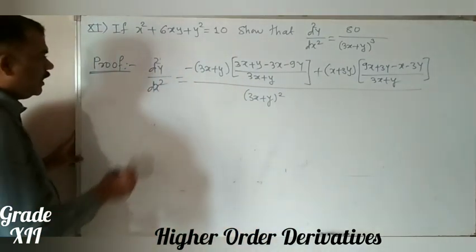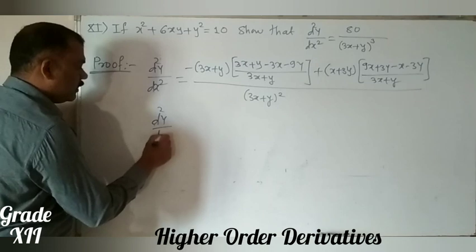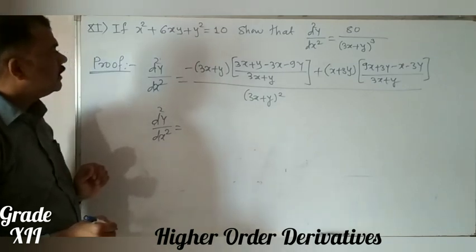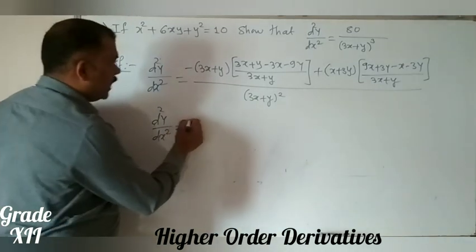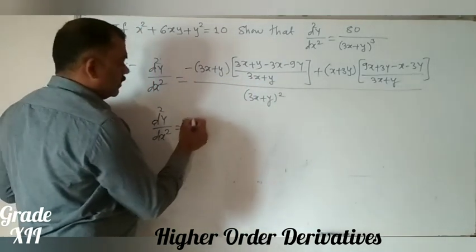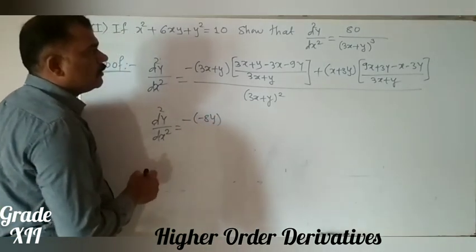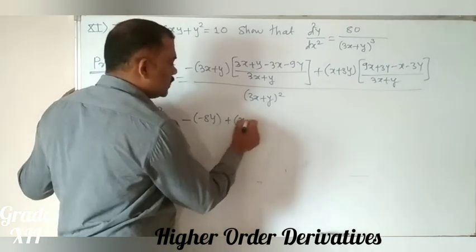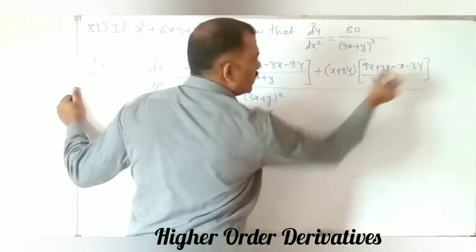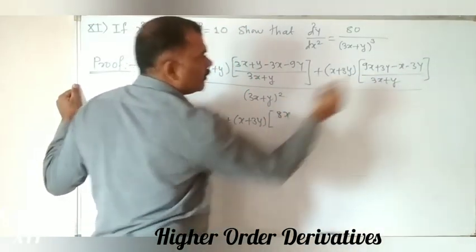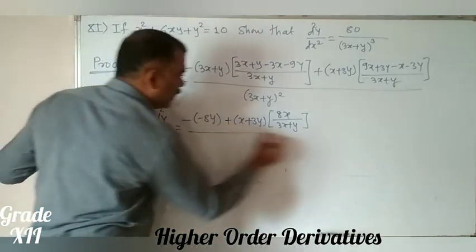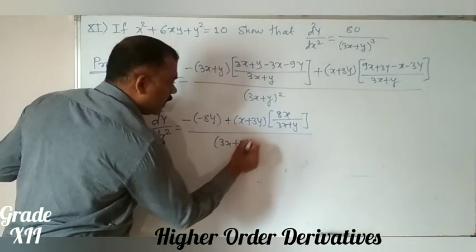So if we get d2y by dx square, the 3x plus y gets cancelled, and what remains is minus, plus 3x gets cancelled, y minus 9y, that is minus 8y, plus (x plus 3y) into, here 9x minus x is 8x, plus 3y minus 3y gets cancelled, divided by 3x plus y as it is, whole divided by (3x plus y) whole square.